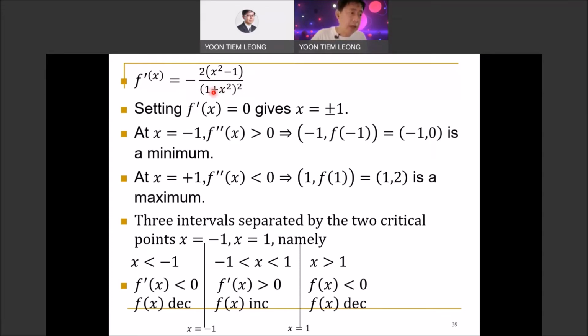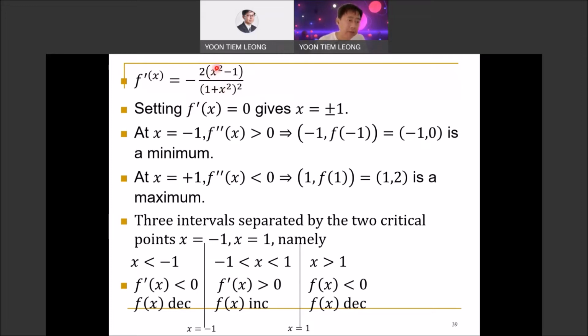Because you are adding 1 to x squared, and x squared could never be less than 0. Therefore, it's not possible for 1 plus x squared to become 0. Therefore, you have only critical points where f prime equals 0, and this happens when x is equal to both plus 1 and negative 1.